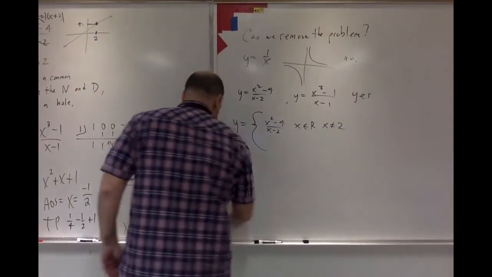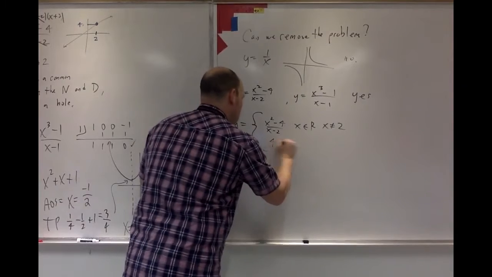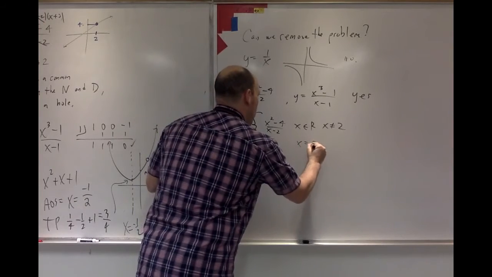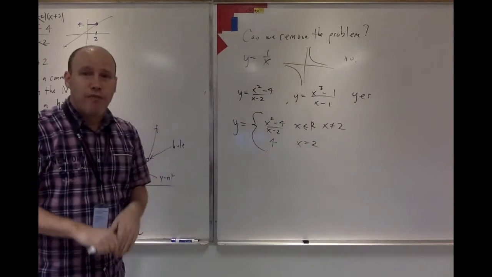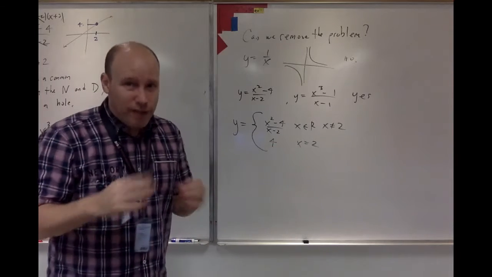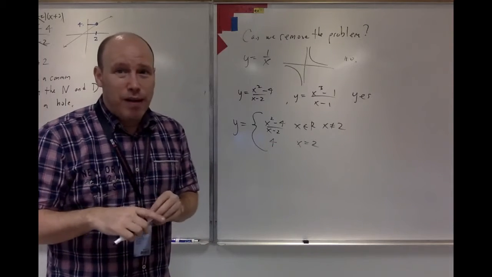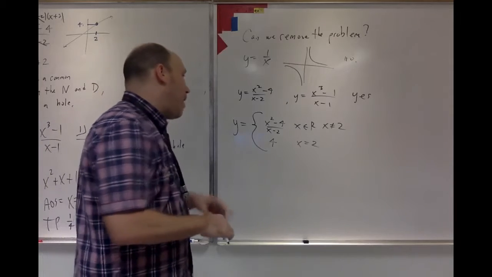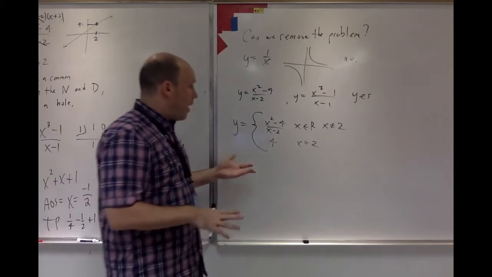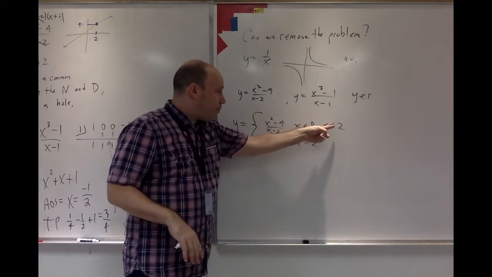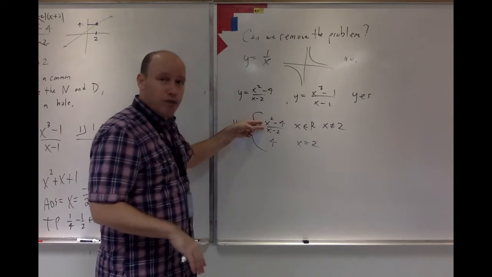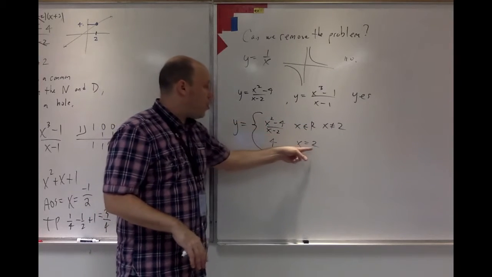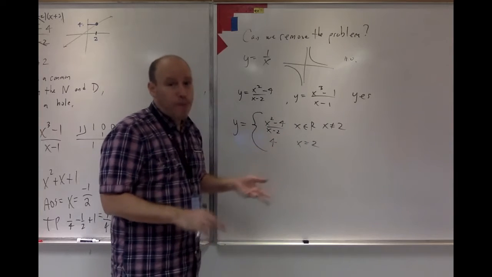Well, you know what? I've removed the discontinuity. I've expanded my domain of my function. Once again, when x is everything except 2, this function is fine. When x is 2, the function is 4.